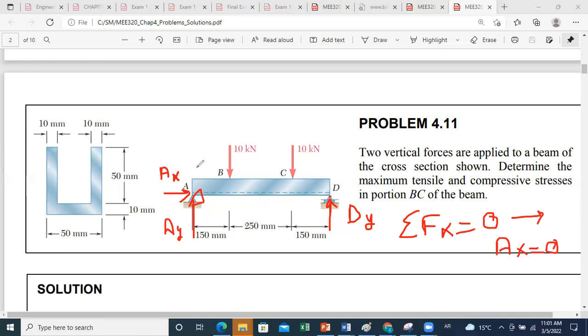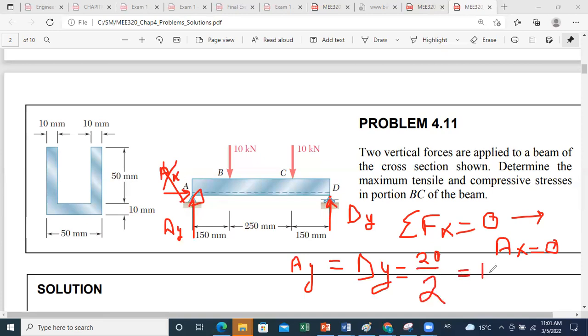Now, to get AY and DY, if you paid attention to the symmetry of your problem, you can just say that due to symmetry, AY is equal to DY, which is equal to 20 over 2, which is 10.